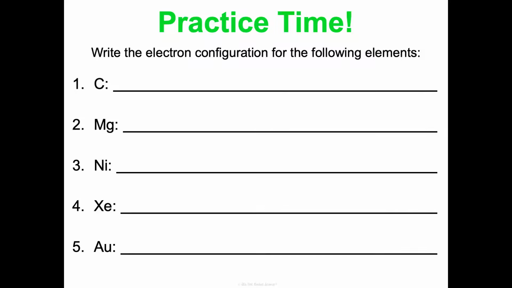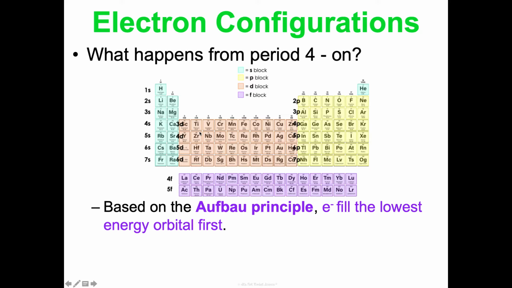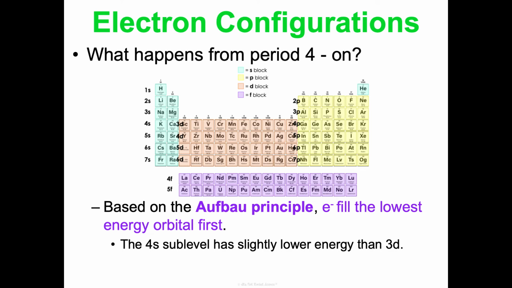Now, for the sake of the notes, as you get going, you're going to be like, what happens when I get to period 4 on? Because that's where we start seeing it goes 4s, 3d, 4p, 5s, 4d, 5p. It starts getting a little confusing, okay? Remember, based on the Aufbau principle, electrons are going to fill the lowest energy orbital first.